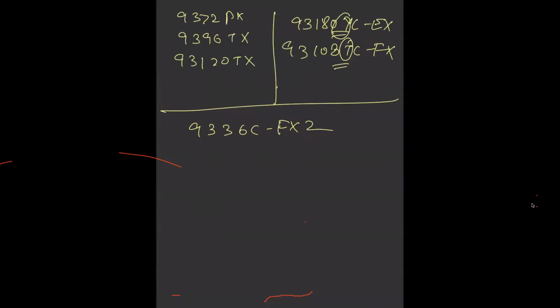FX means it's a fiber port, right? No, F does not mean fiber port. This is going to have a different nomenclature. This YC, TC, PX, TX, these represent the things. EX means enhanced, so E means enhanced, which means it is a better device than your first gen.